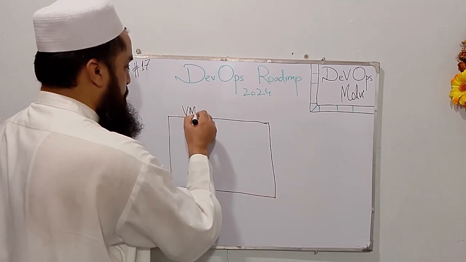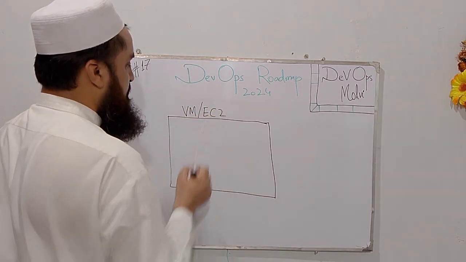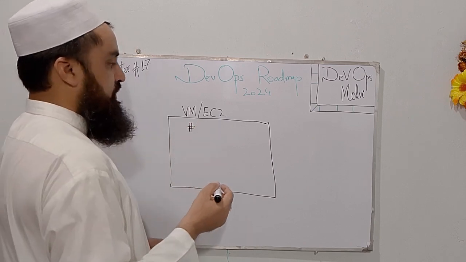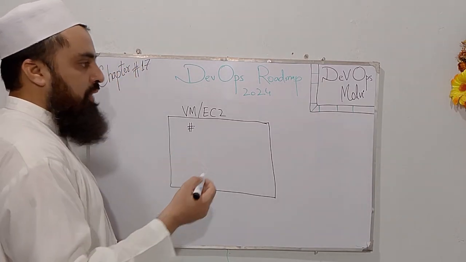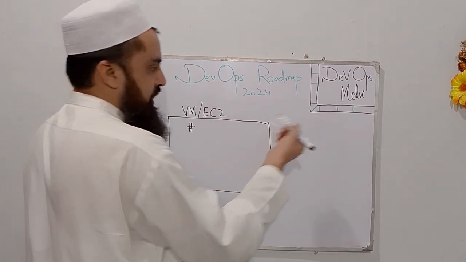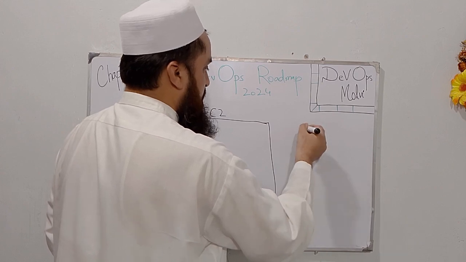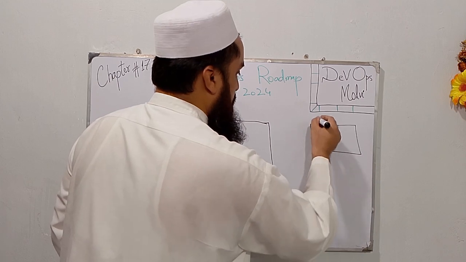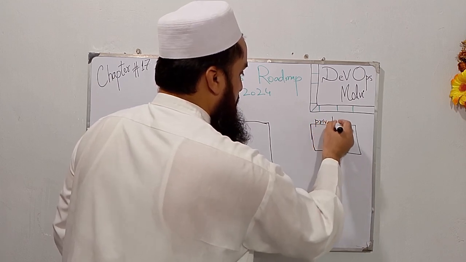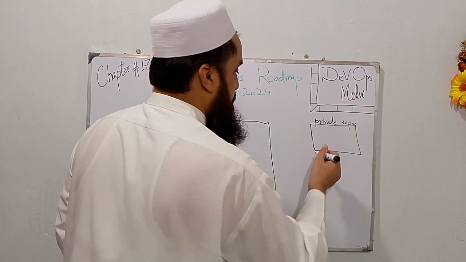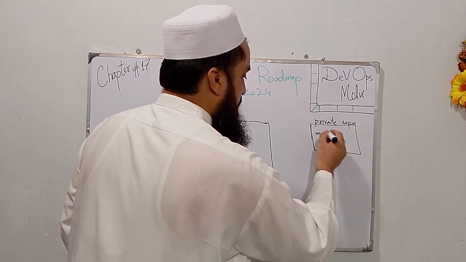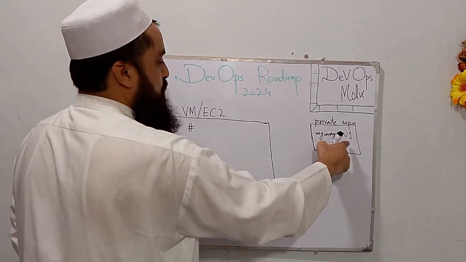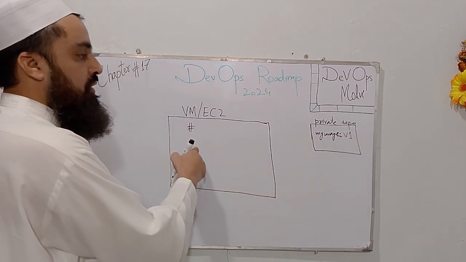This is my VM or EC2 instance, and I'm working on something and I want to pull the Docker images from my private repository on Docker Hub. This is my private repository which stores the images, my image colon version 1. For instance, I want to have this image pulled on my VM.